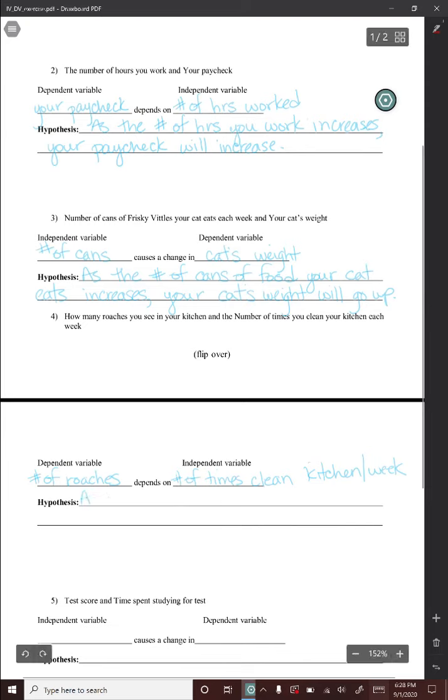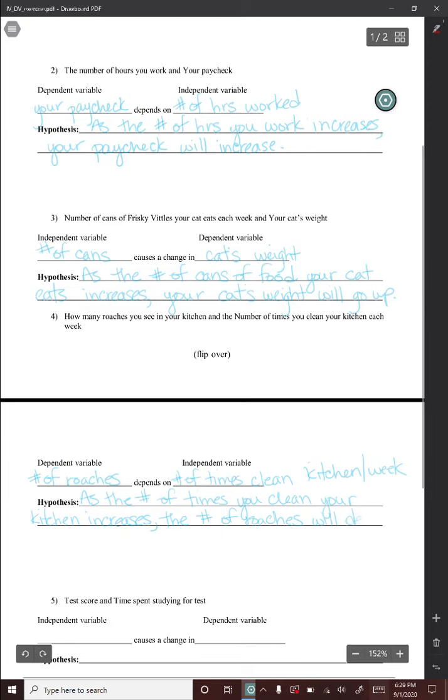So our hypothesis would be, I'm going to just do that as the number of times you clean your kitchen increases, the number of roaches will decrease.